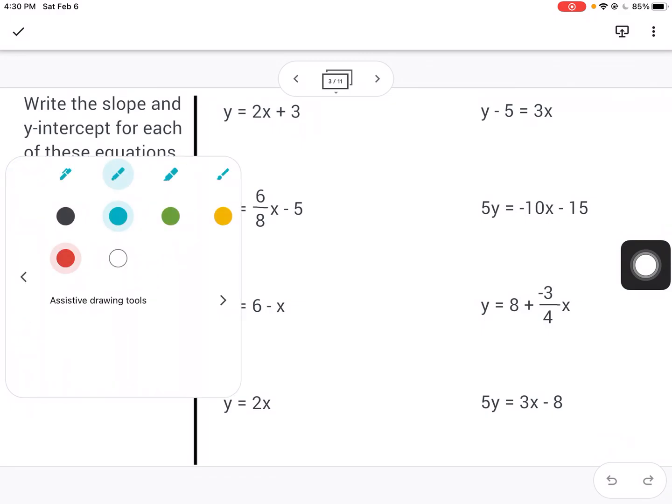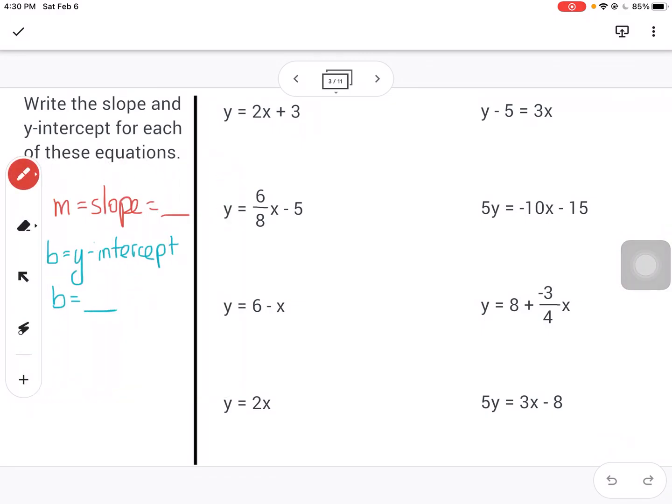So some of these we can solve just by looking at them for our slope. This first one, y is by itself. We have 2x plus 3. So our m equals 2. And our b equals +3.